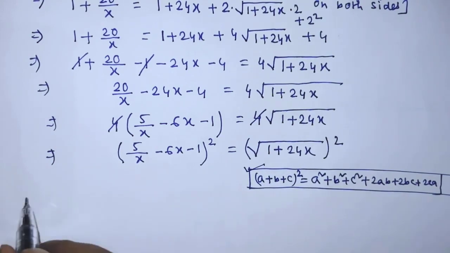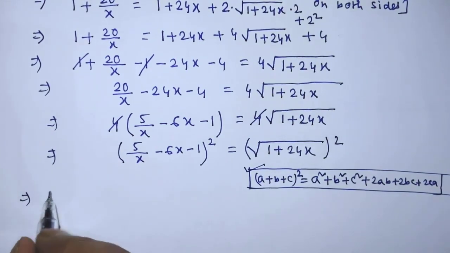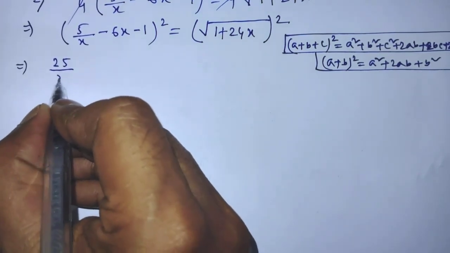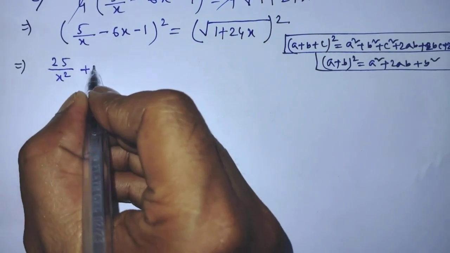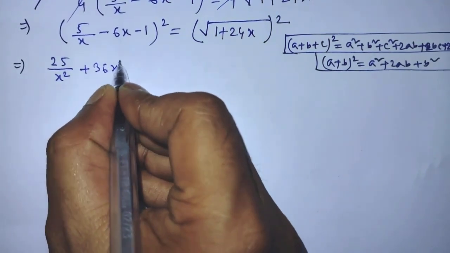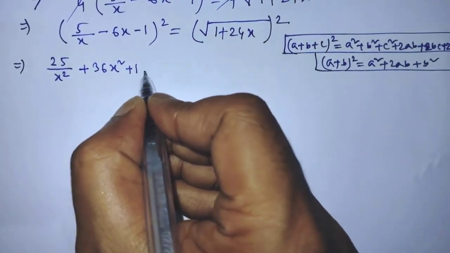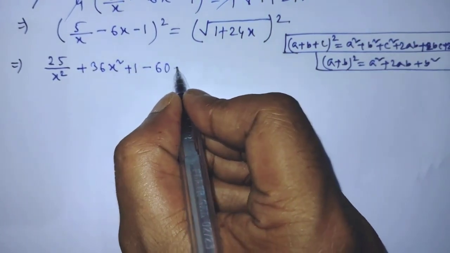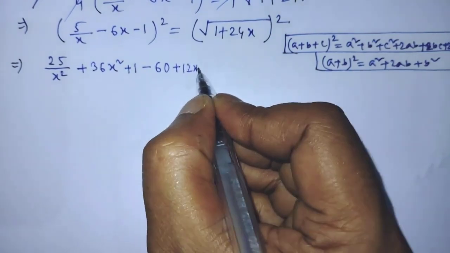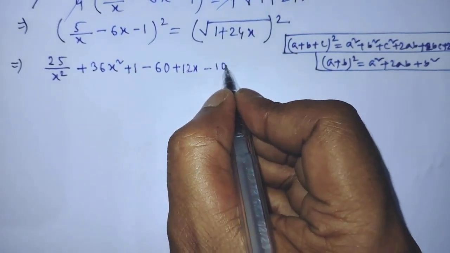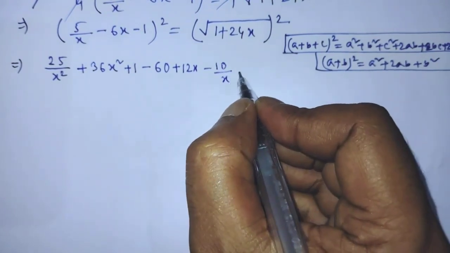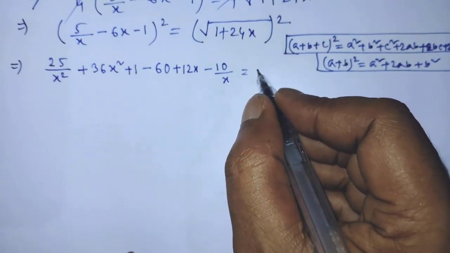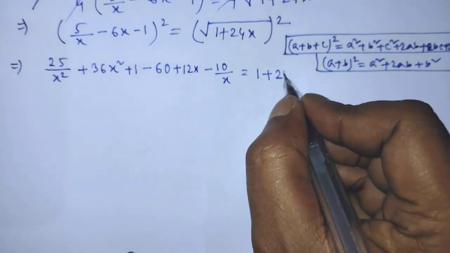According to this formula, we can write on the left hand side 25/x squared + 36x squared + 1 - 60 + 12x - 10/x is equal to, we get from the right hand side 1 + 24x.